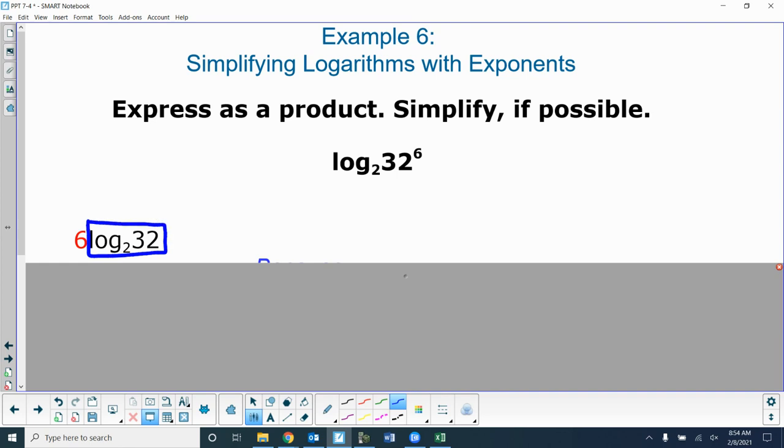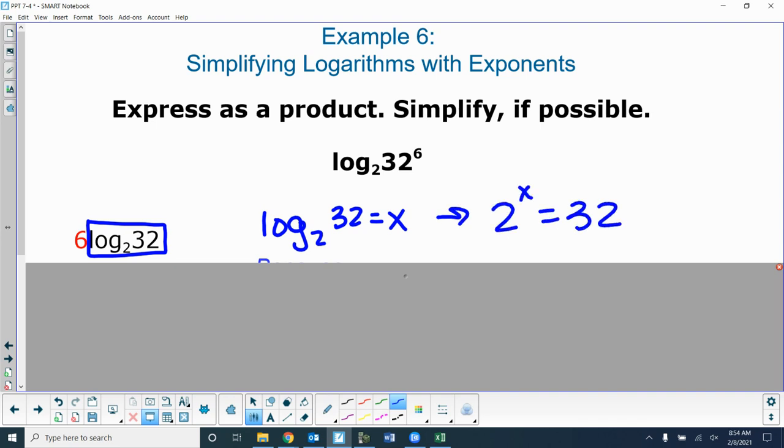Multiply. Okay, so we're thinking log base 2 of 32 equals x, which is 2 to what power is 32? Right, so 2 times 2 is what? 4 times 2 times 2 times 2. 32. So 2 to the what? 5th, right?